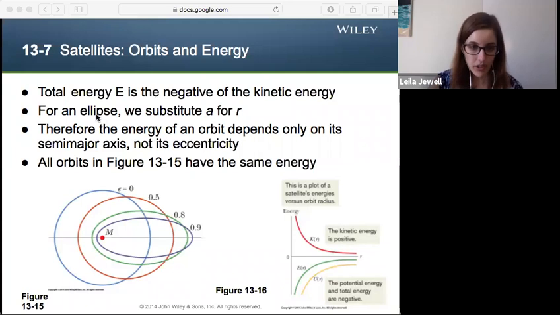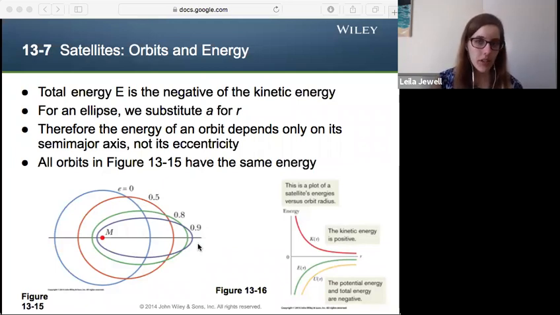Here's an example of different eccentricities, right? E equals 0 is a perfect circle. E equals 0.5, E equals 0.8, 0.9, it becomes more and more stretched outward. But all of these orbits have the same energy because they have the same semi-major axis, which is neat to see.